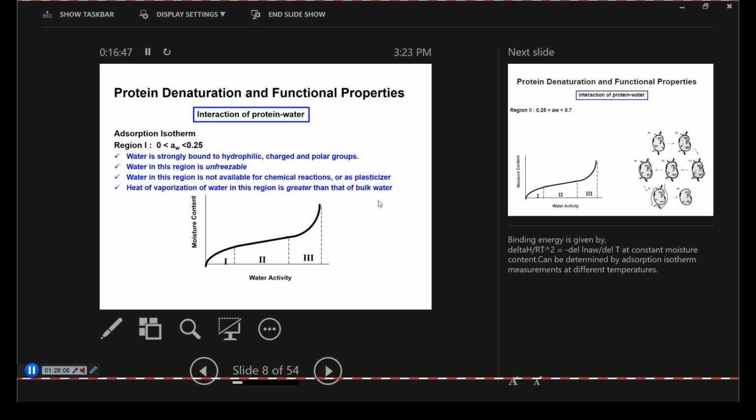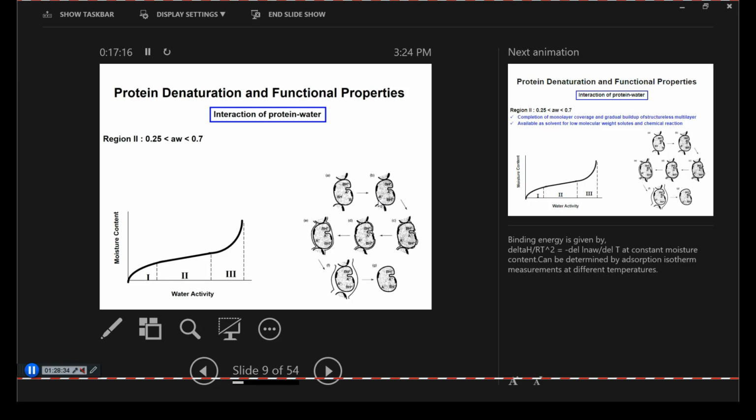And it's not available for chemical reaction because it's strongly bound. And if you want to evaporate it, the temperature for evaporation is much higher than for free water. So when you're determining moisture content, you really are looking at free water, not bound water. Okay.